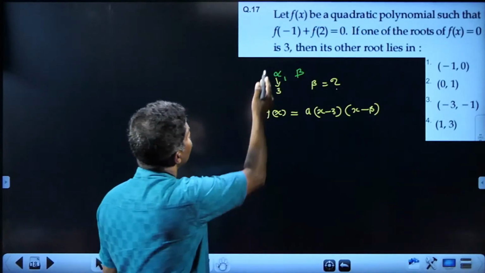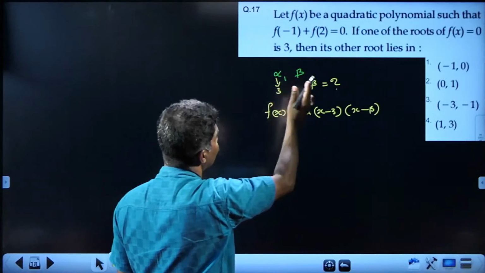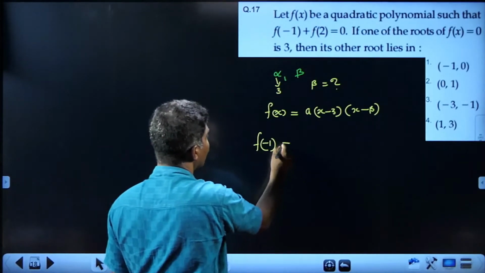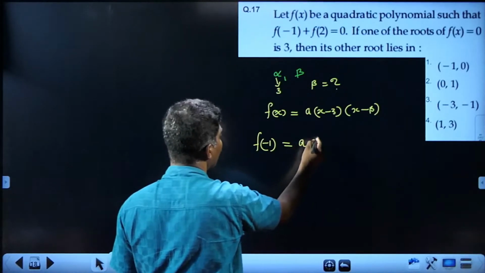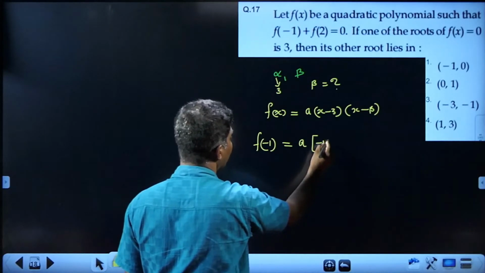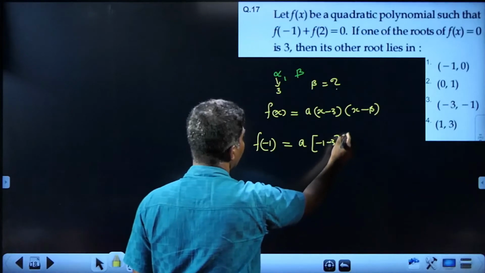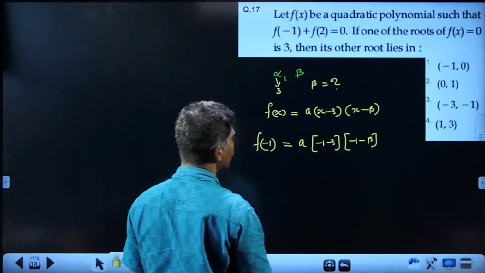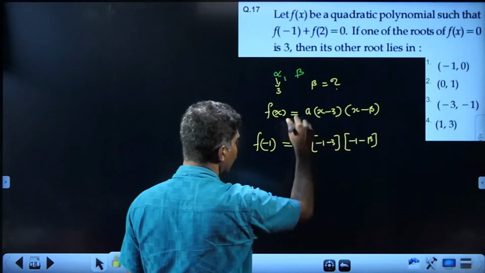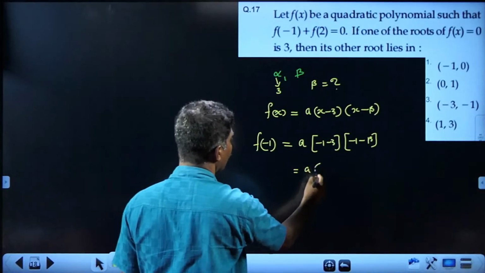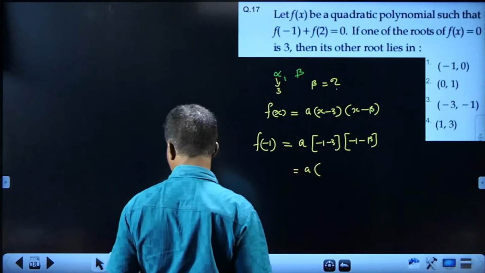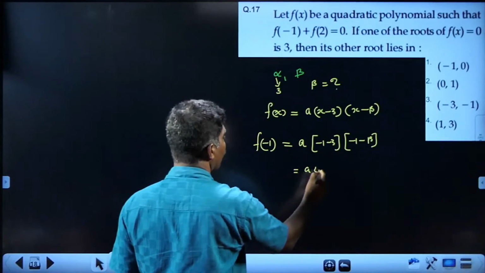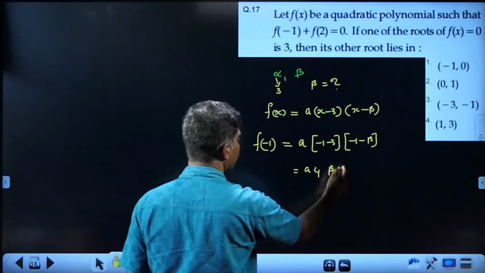And given f of minus 1 plus f of 2 is equal to 0. First we will calculate f of negative 1. F of negative 1 is equal to a into (negative 1 minus 3) into (negative 1 minus beta). Here negative taken outside, here also negative taken outside. You will be getting a into (1 plus 3), 4, into (beta plus 1).